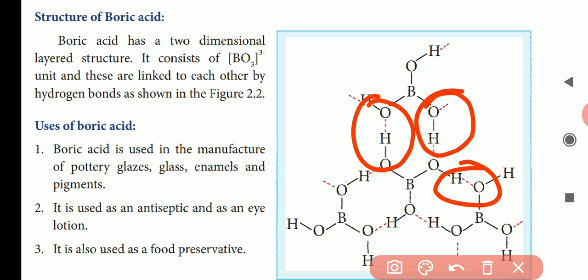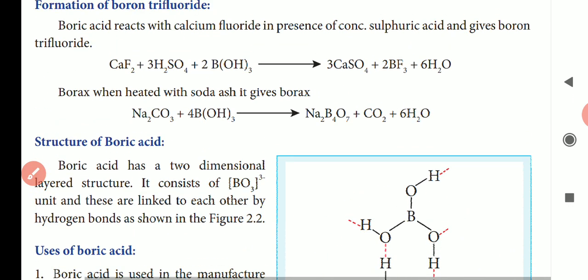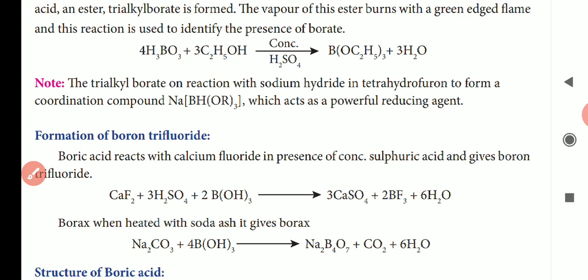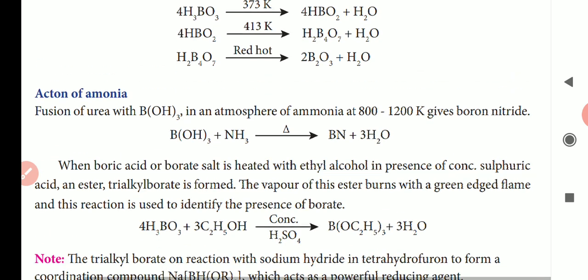This lesson is very important. Listen carefully. The important 2-mark questions are: what are the uses of boric acid, borax and boron? There are three uses. What are the tests for borates? What is the action of boric acid with ethanol in the presence of concentrated sulfuric acid?